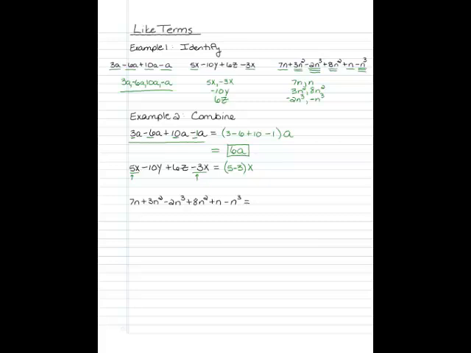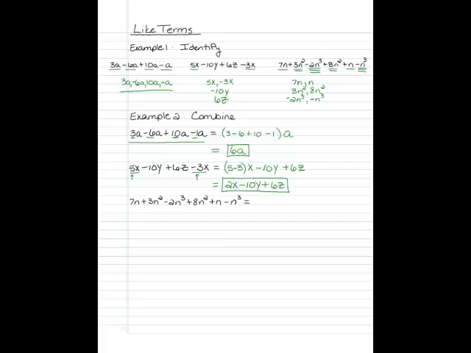And then copying down the rest of these, there's minus 10y plus 6z. Simplifying this, we have 5 minus 3 is 2x minus 10y plus 6z. Now with what we have here, there are no like terms remaining in the expression.